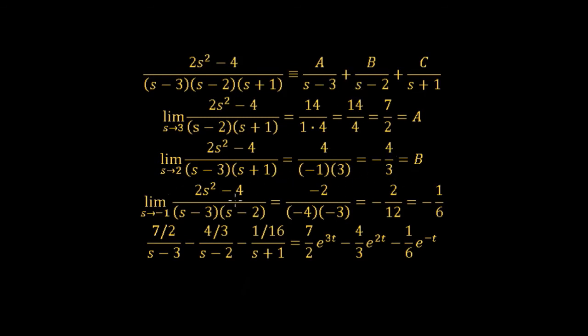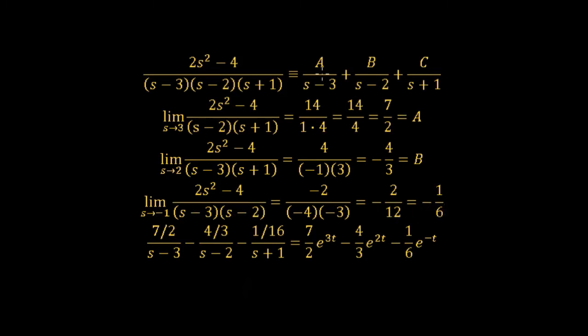Similarly for c, we cover up the s plus 1 and we're left with (s minus 3)(s minus 2), and we take the limit as s tends towards minus 1. So that gives us minus 2 upon 12, which equals minus 1 upon 6.